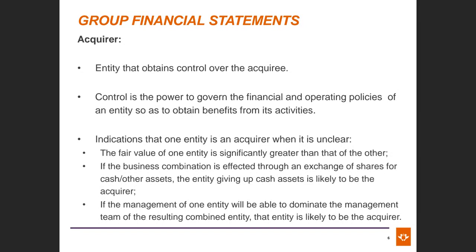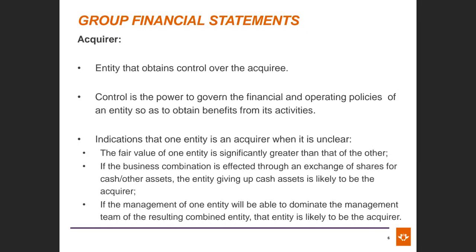So what are the indications if we are confused and not sure who the acquirer is? What can we consider? There are certain indications that one entity is an acquirer when it is unclear. One of the indications is that the fair value of one entity is significantly greater than that of the other.